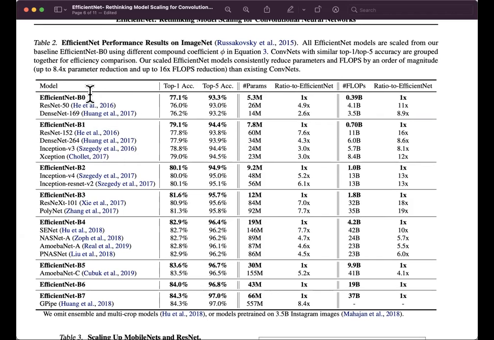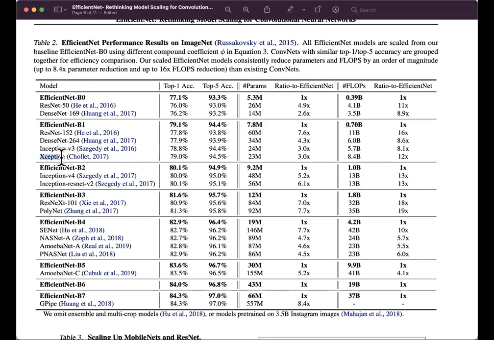So here B0 achieves 77.1%, and the number of parameters is only 5.3 million, while ResNet 50 has 26 million. It's quite small, almost 5 times smaller. And similarly here, EfficientNet B1 achieves 79.1% accuracy, while the number of parameters is 7.8 million.